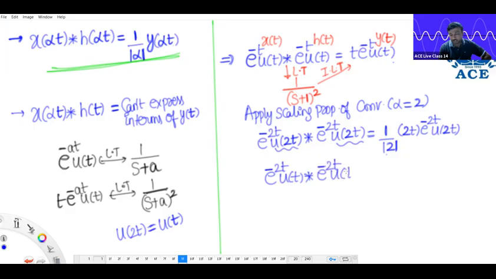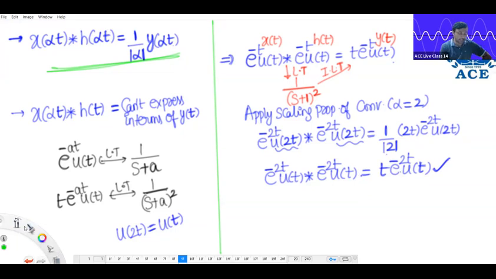Right side t times e power minus 2t u of t, 2 and 1 by 2 cancellation. Of course, this result is 100% correct. This result is correct means the property is also correct, sir.